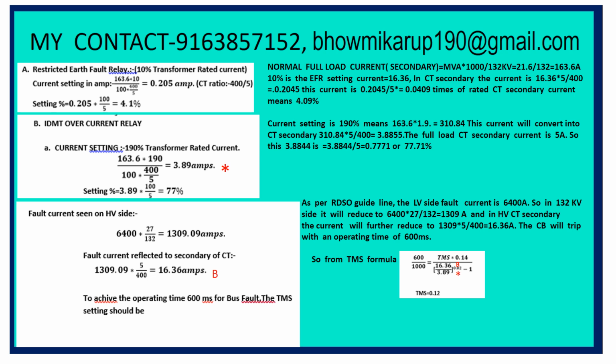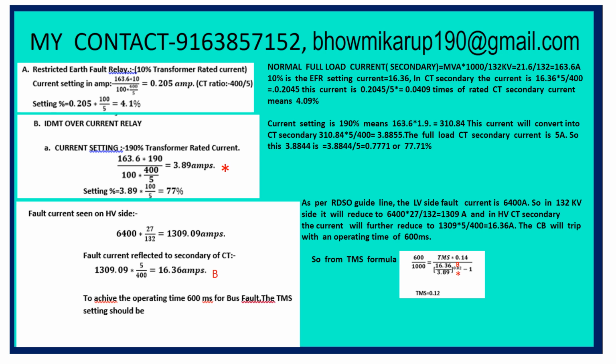So it will reduce in the CT secondary. So how much will it be? It will again reduce. So 310.84 into 5 by 400 is equal to 3.8855 ampere.